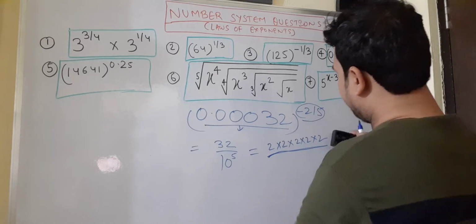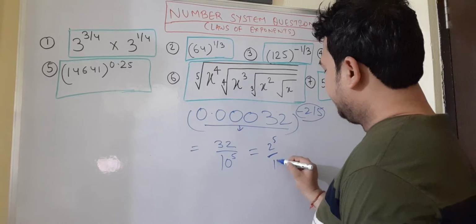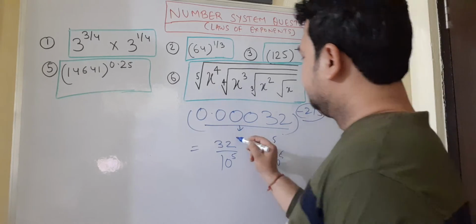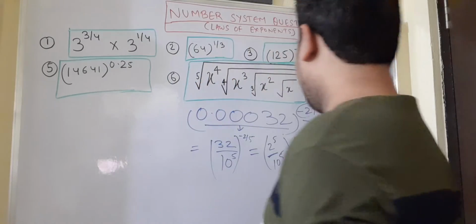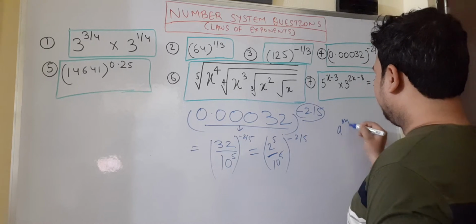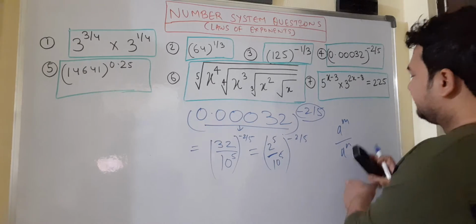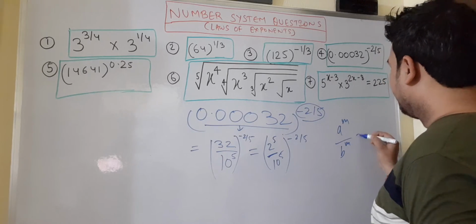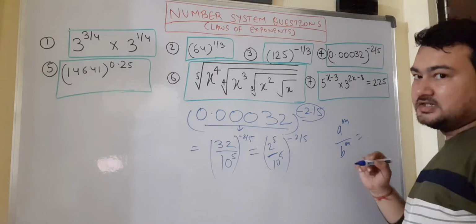So you can write this as 2 to the power 5, and you have 10 to the power 5, clear? And this had a power of minus 2 by 5. So this will also have a power of minus 2 by 5. If you see, this is a to the power m divided by b to the power m, the power is the same and the bases are different.